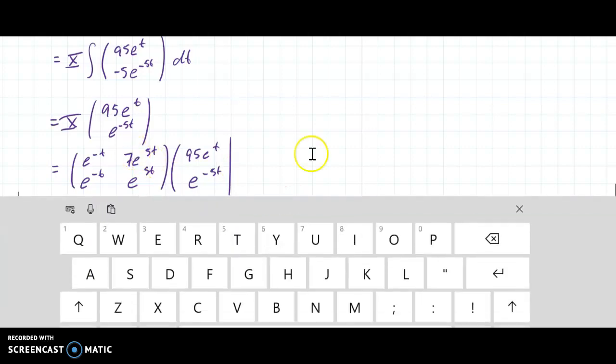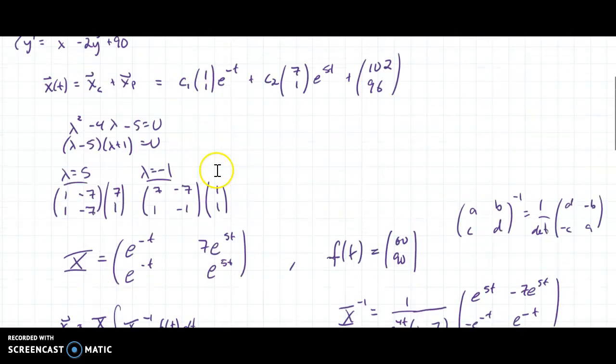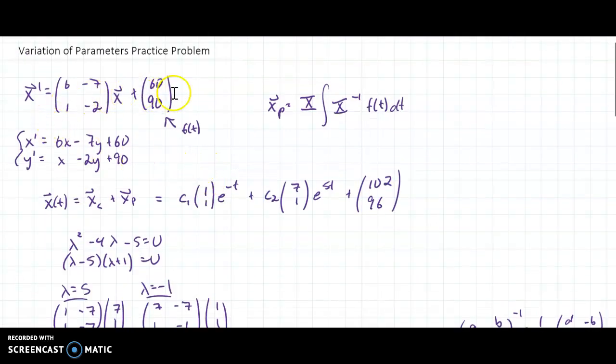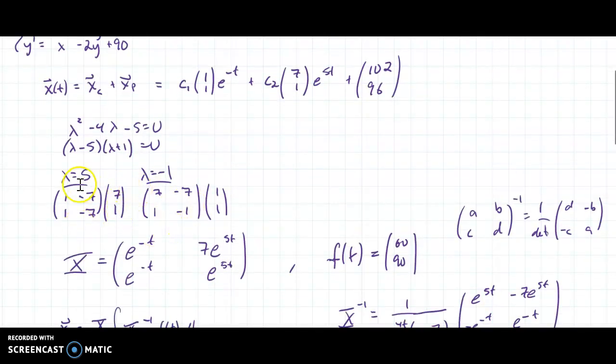Now remember, xc is just the solution to this thing equal to 0, which is what we would have gotten. The fundamental matrix here is another way of writing all those solutions together. So it would be c1 times this vector plus c2 times that vector.